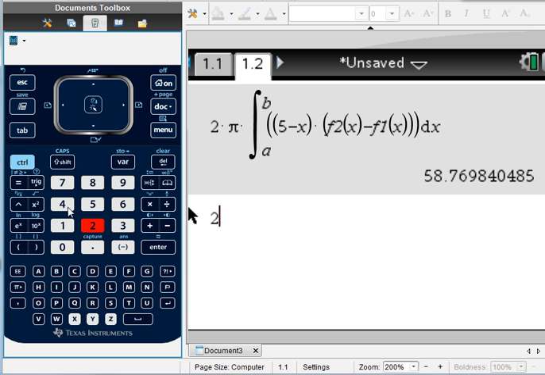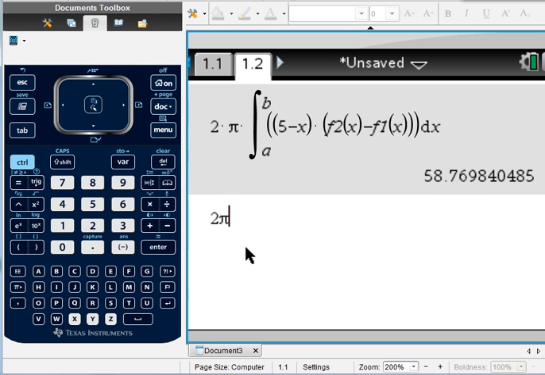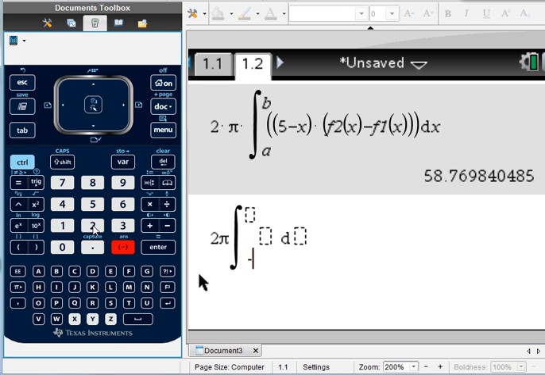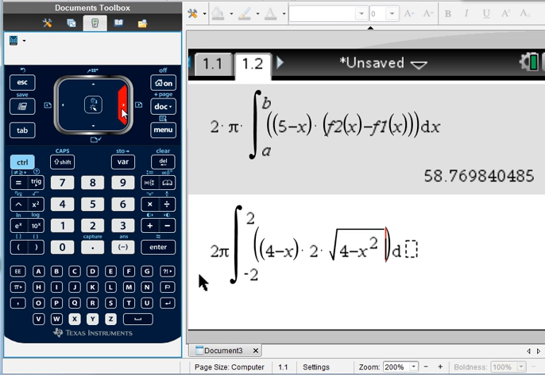So it'd be 2 pi times the integral from -2 to 2, open parentheses, 4 minus x, times 2 times square root of 4 minus x squared, dx.